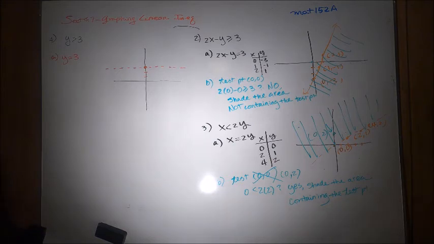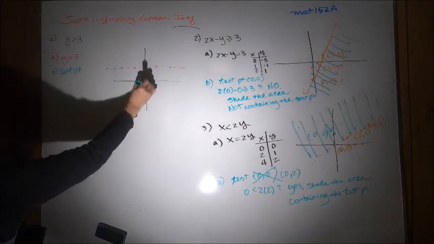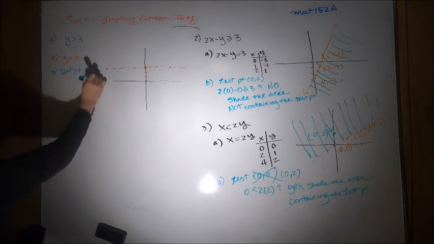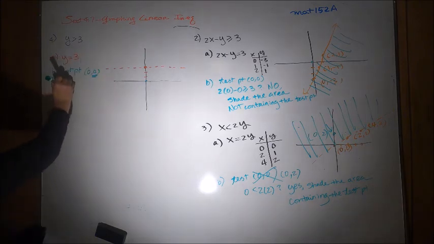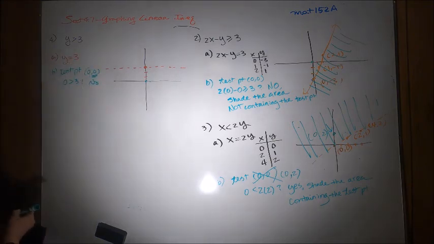Then, next step, choose a test point. What do you think? How about just choose here, 0, 0. So y is 0, right? Is 0 greater than 3? No. Right?